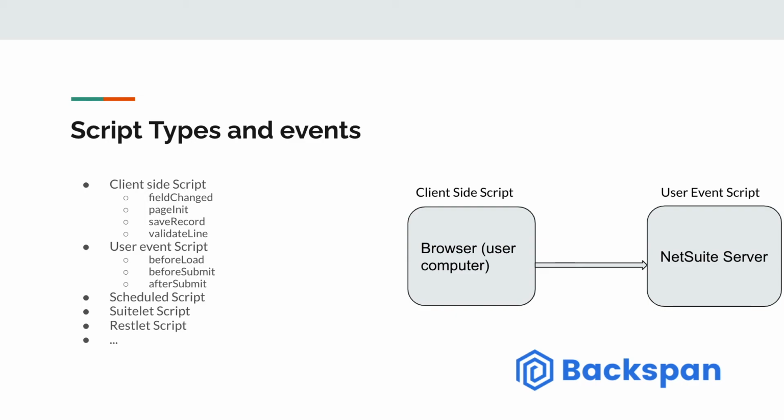When would you use before submit, for example? So before submit, it still runs on the server. It's not running on the browser. You send all the information to the server, and then the server would run this code before it hits the database. So for example, you save a new purchase order, right? Before submit, what you could do here is some validation.